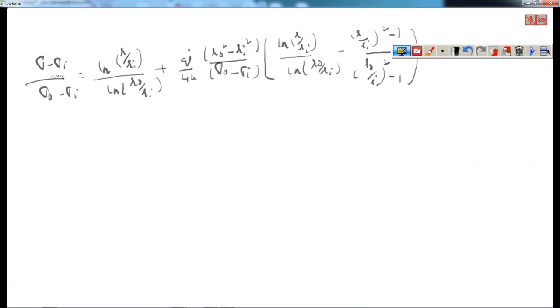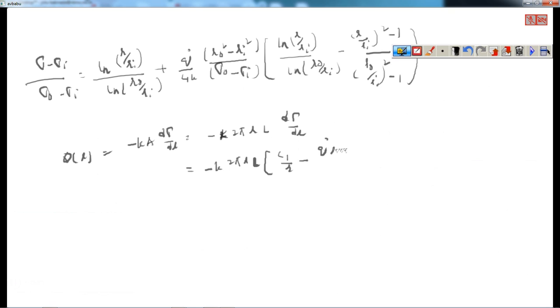You are going to get it when we consider internal heat generation also. Okay, and the radial heat flow QR is given as minus K A dt by dr, that is equals to minus K and A equals 2 pi r L dt by dr. Okay, that is equals to minus K 2 pi r L into dt by dr, which is C1 by r minus q dot r by 2K.